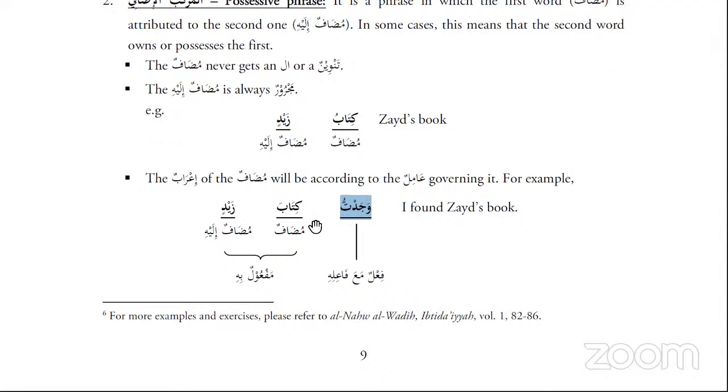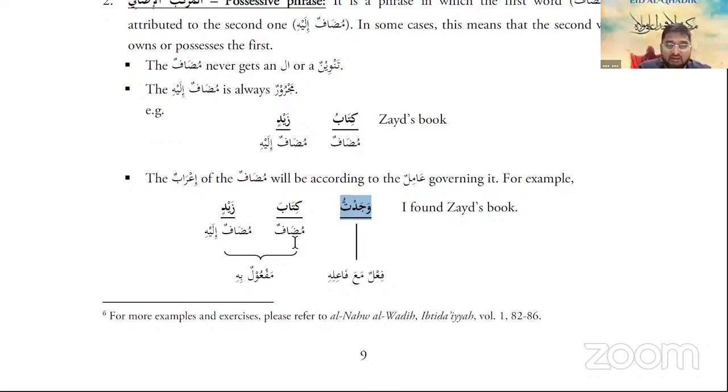And kitaba is the object, right? Excellent. So why is it kitaba? Because it's the object. The object is always in the accusative case. And Zaidin is in the genitive case. Excellent, MashaAllah.